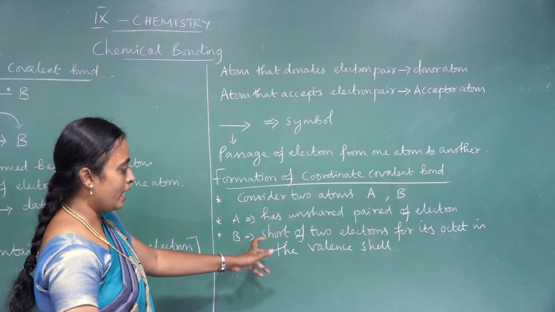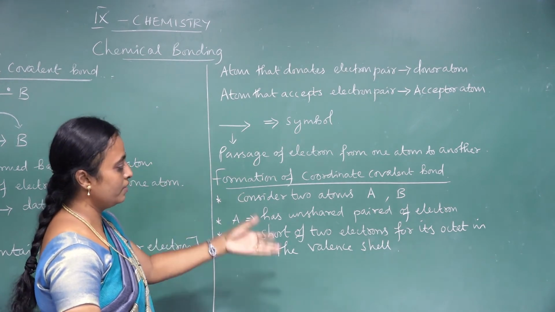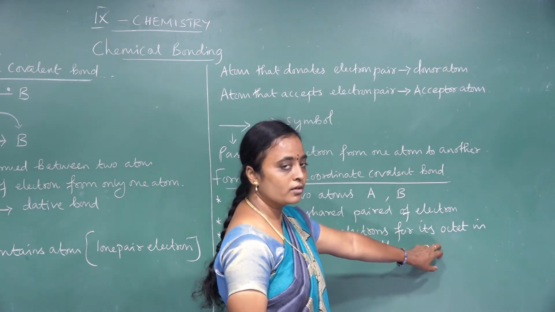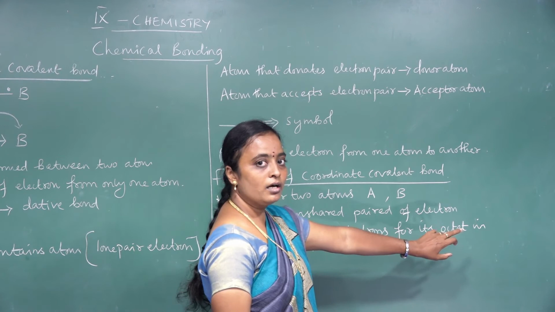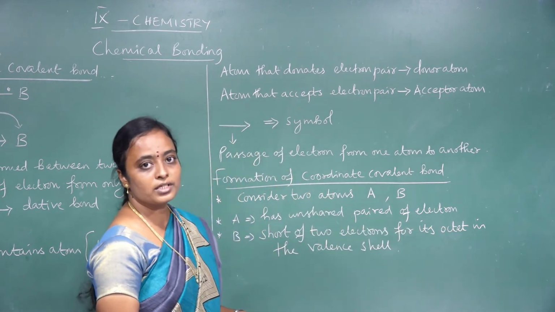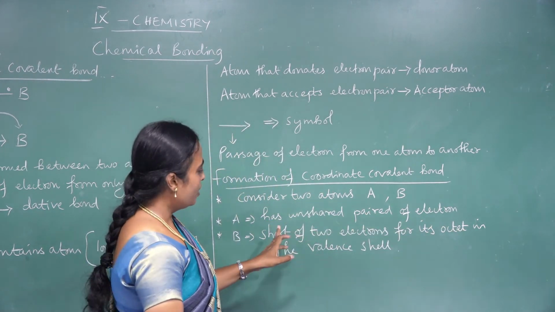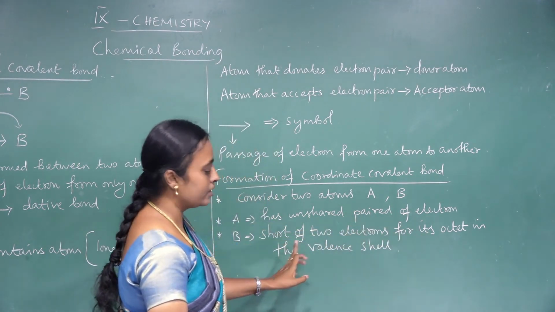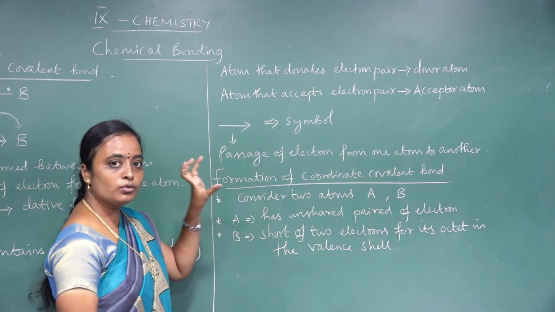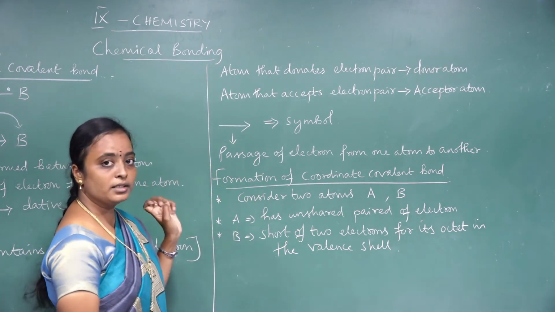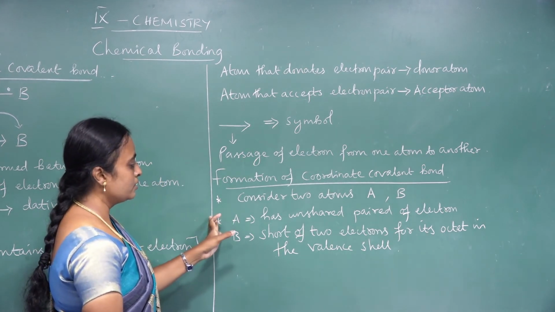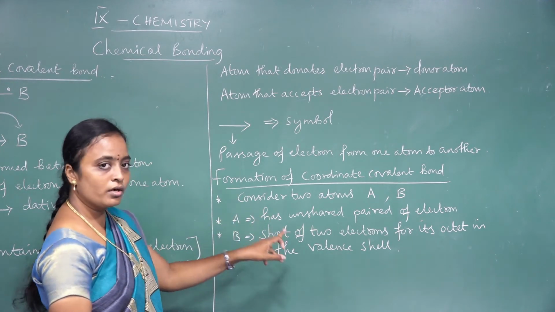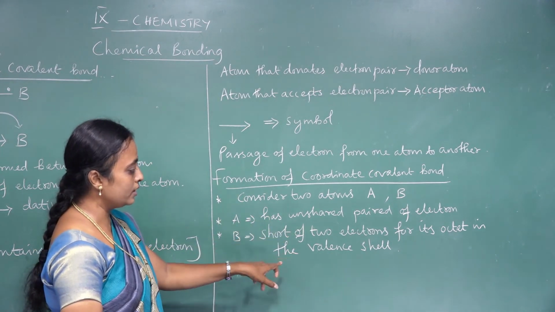If I give it the two electrons, there should exist an octet. Octet means there are totally 8 electrons in the outer shell. So an atom short of 2 electrons for its octet in the valence shell, only that we can consider as B. So A definitely has an unshared pair of electrons, and B is short of 2 electrons for its octet in the valence shell.